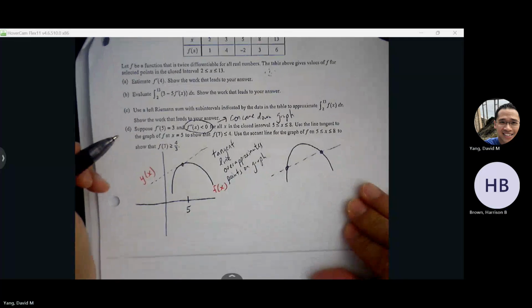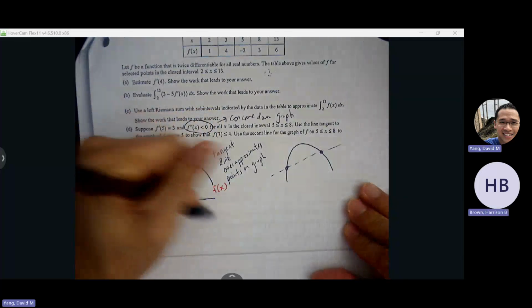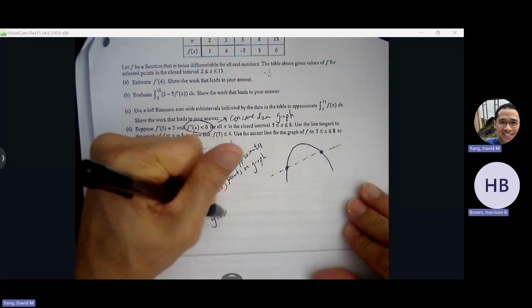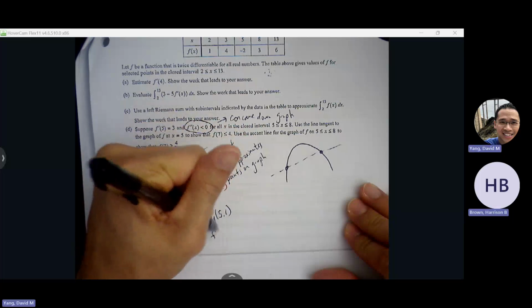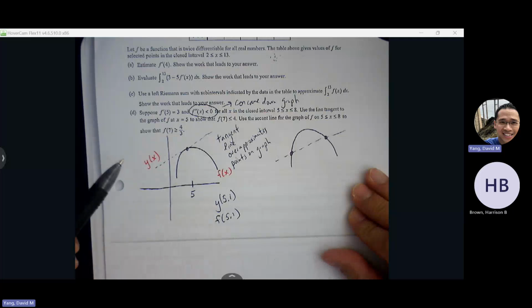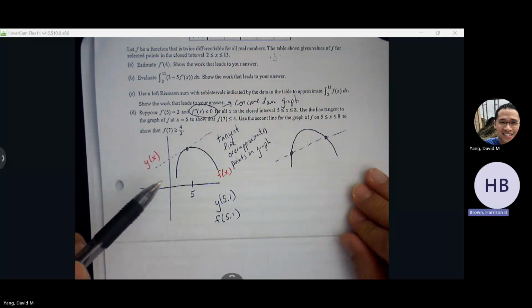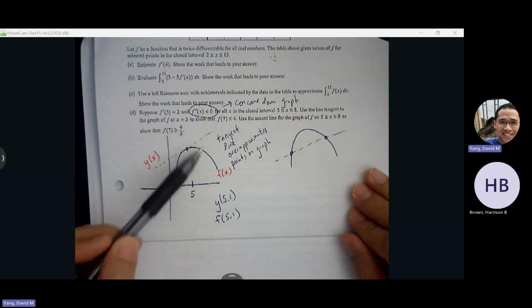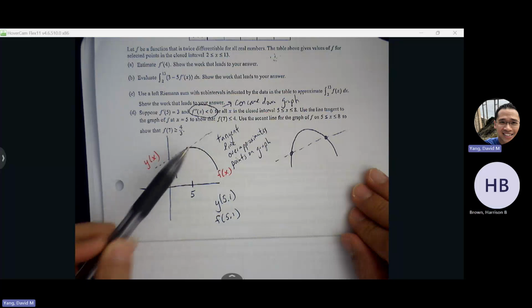If I were to compare y of 5.1 versus f of 5.1, which one will be the higher value? Y of x. Yeah, exactly, because it's a tangent line that is skimming the top of the curve.